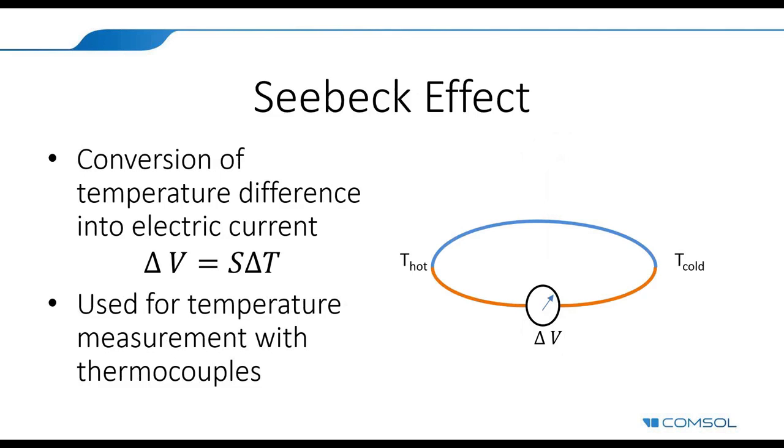The Seebeck effect was discovered when it was noticed that when two different conductor wires, one in blue here and another one here, are connected together, and a difference of temperature is imposed between the junctions, then a voltage is observed in the loop, and it has been shown that this voltage is proportional to the temperature difference.